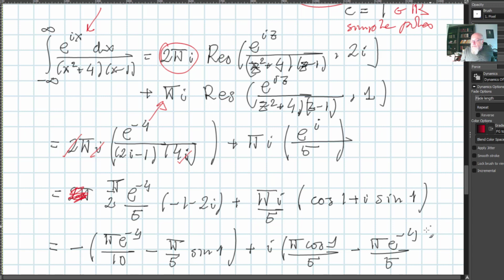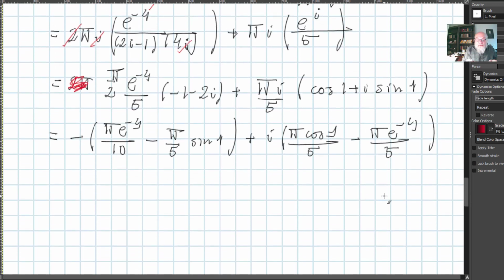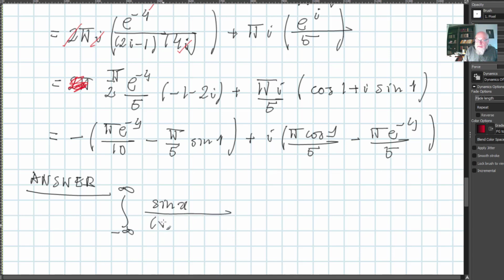So I can write the answer. The integral in question that we are computing, from minus infinity, of sine of x divided by x squared plus 4x minus 1 dx, is equal to the imaginary part.